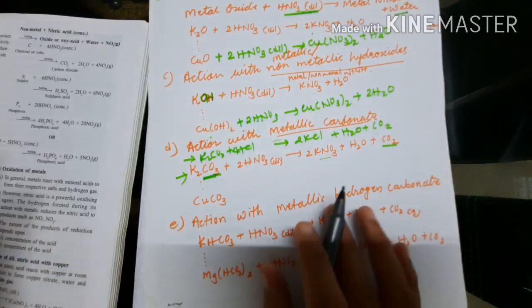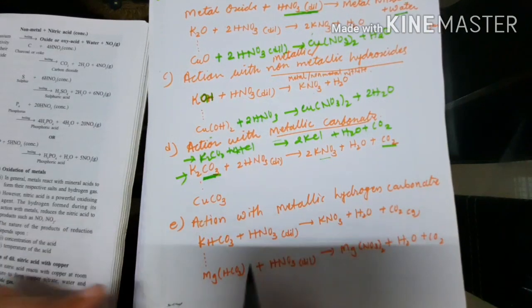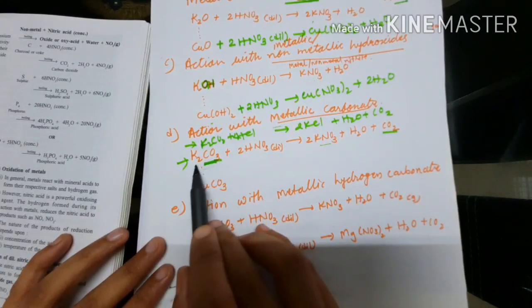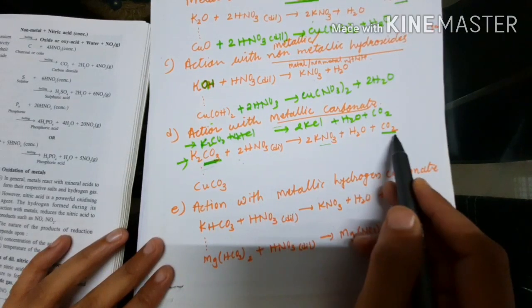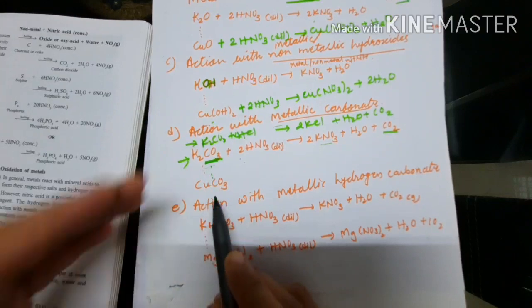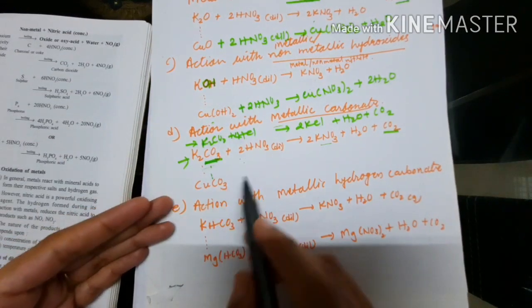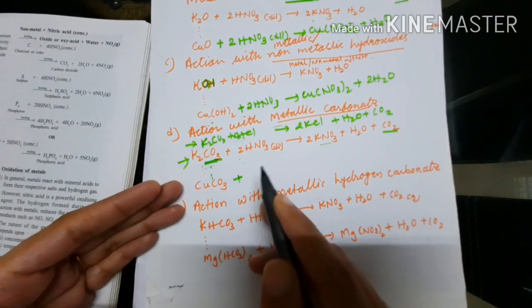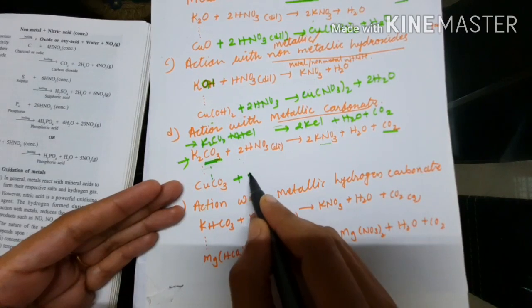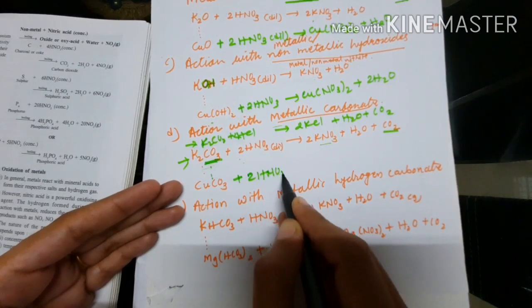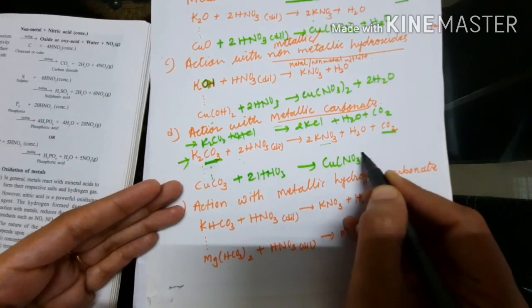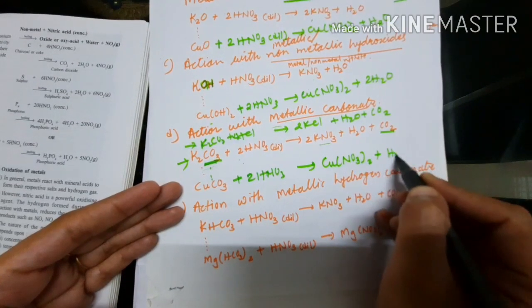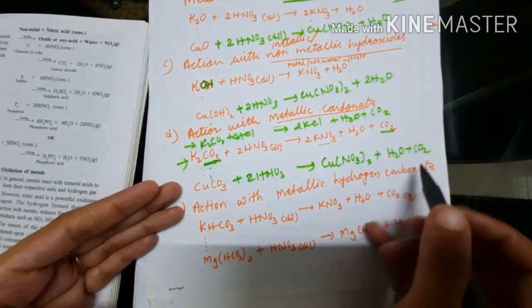Okay, sorry, I took 2-3 minutes. Now let's move on. K2CO3 plus 2HNO3, so CO2 will be formed. Same thing till copper in the active metal series. Copper carbonate plus 2HNO3 will give copper nitrate, Cu(NO3)2, plus H2O plus CO2, carbon dioxide.